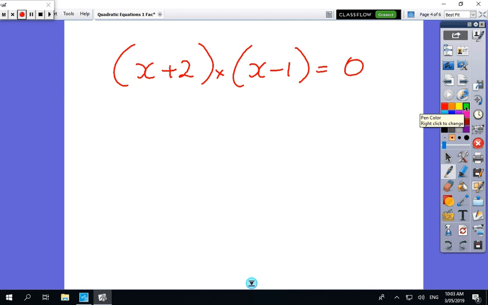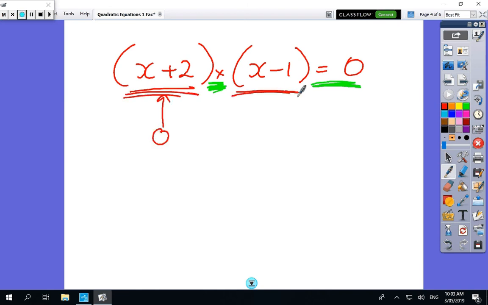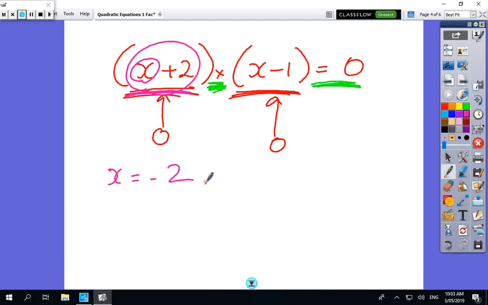Okay, so here we have a product equaling 0. So what we've just said is either that equals 0 or that equals 0, or they both equal 0. And so to solve the equation, you just have to think, looking at that, what value of x makes the whole thing 0, and so the answer would be minus 2.